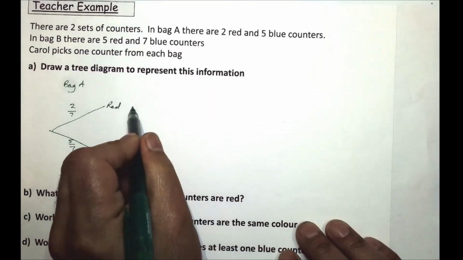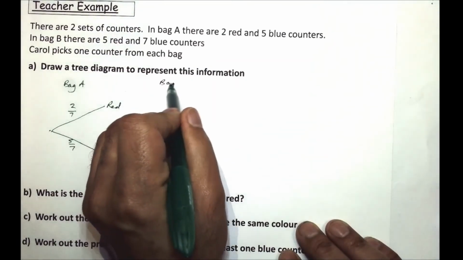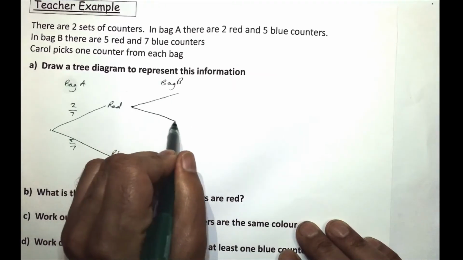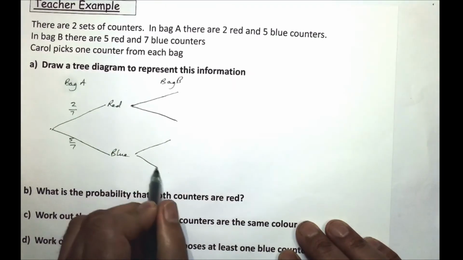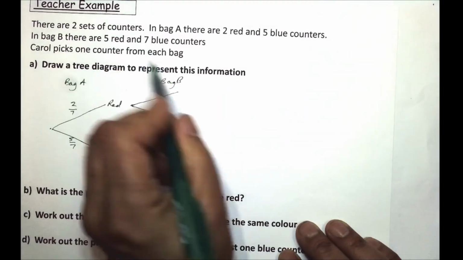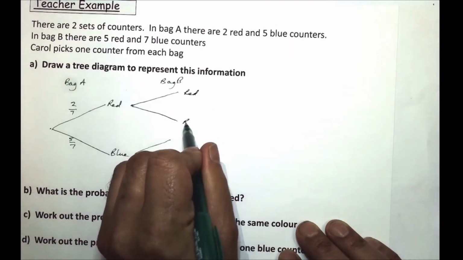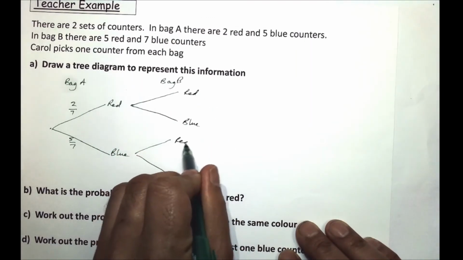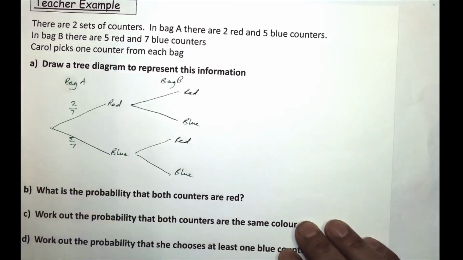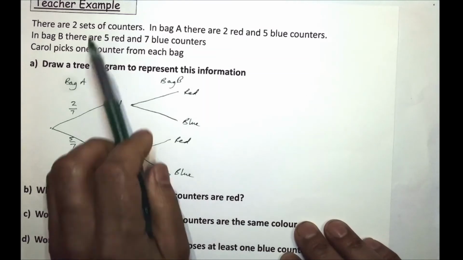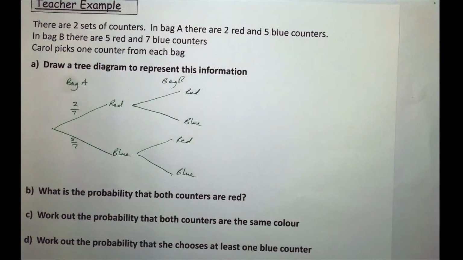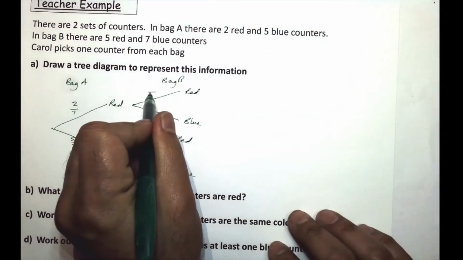And for the second bag, bag B, we've got again 2 options for each one. So for bag B, again, there's red and blue. So that's red and blue, red and blue. And there's 5 red and 7 blue, so there's 12 counters in total.